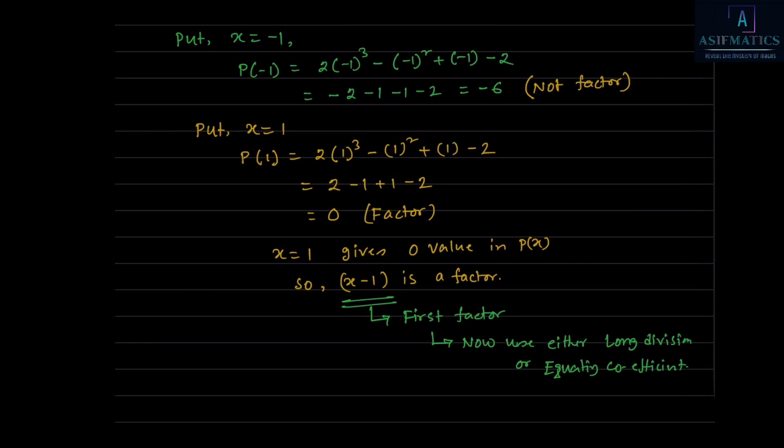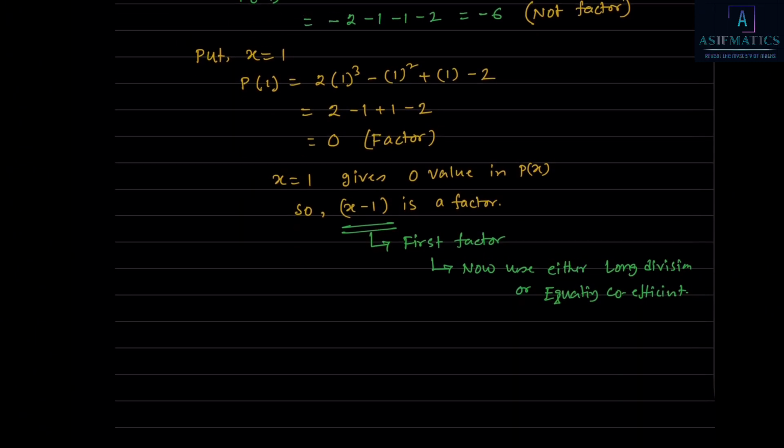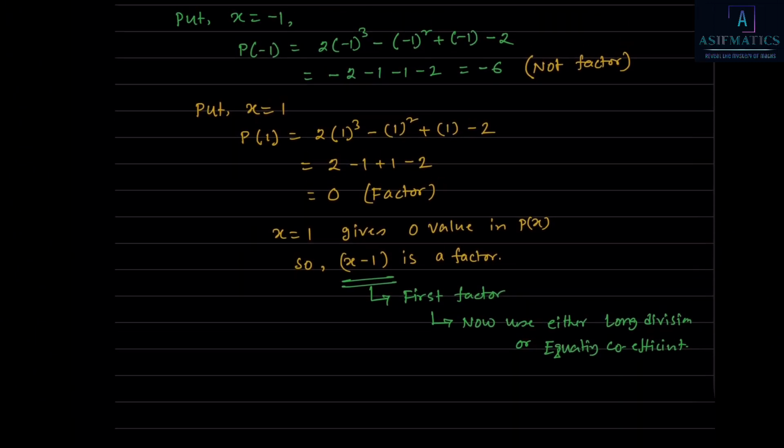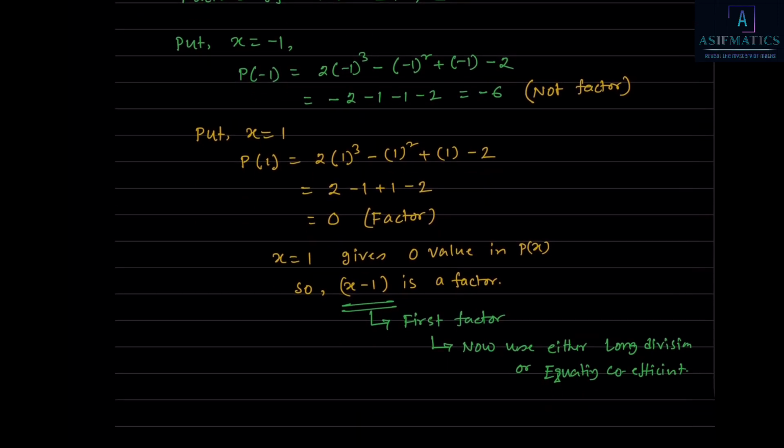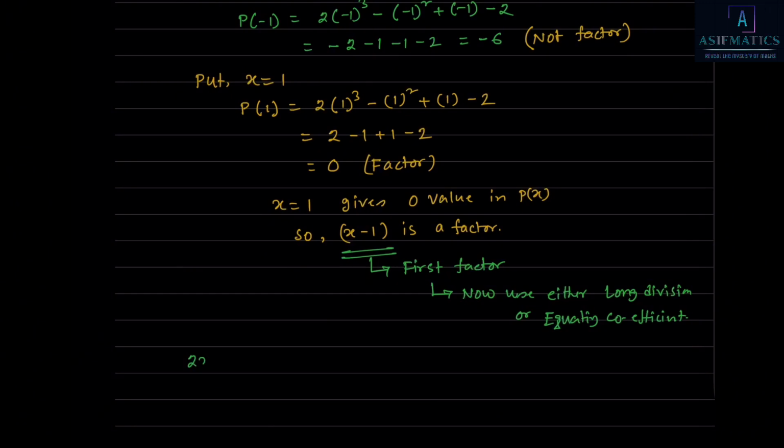Now you have x minus 1. Our polynomial is 2x cube minus x square plus x minus 2 equals x minus 1 times something.